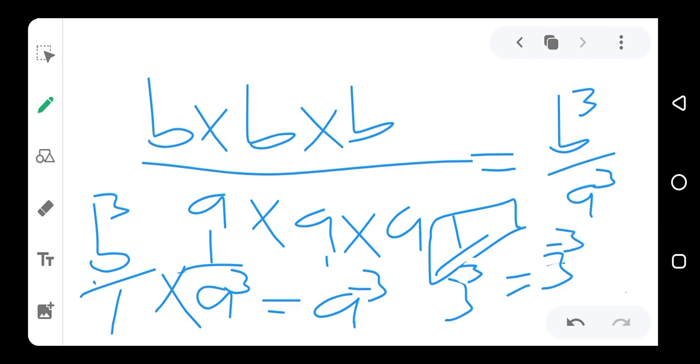So whenever you remove the 1 over, you convert the power to negative. So that is the simple thing you can do here.